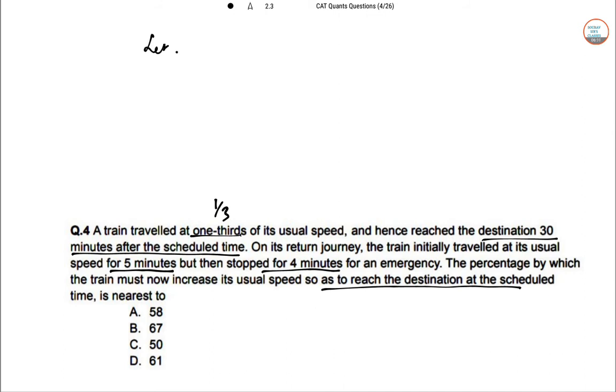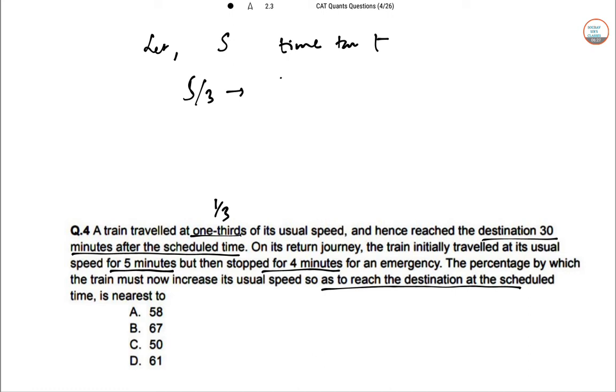So let the usual speed be s and the time taken be t. If the speed is s by 3, it is 30 minutes late, hence the time is more than usual.